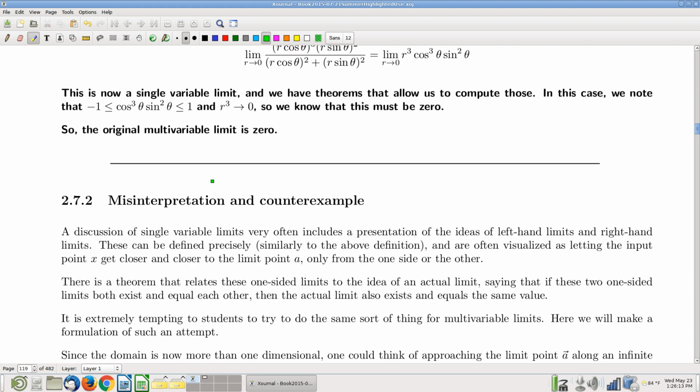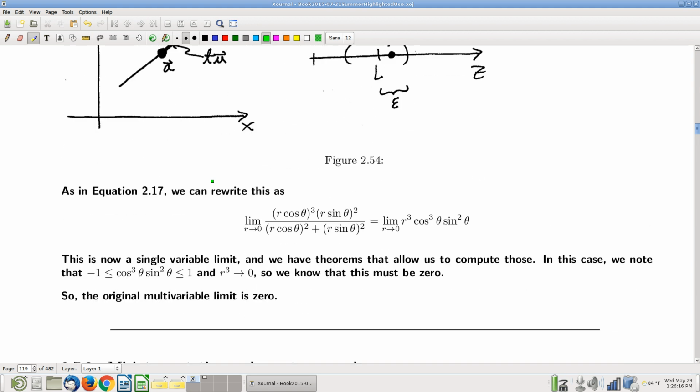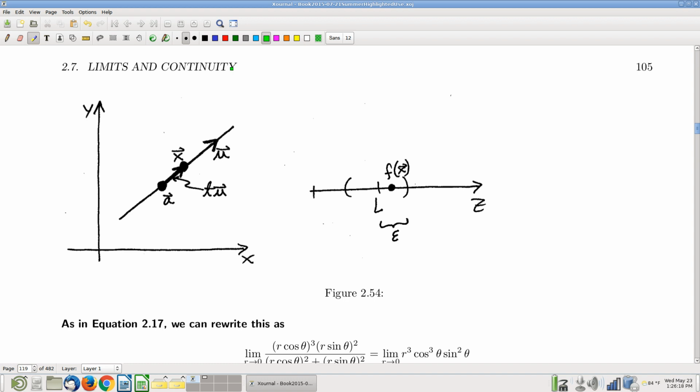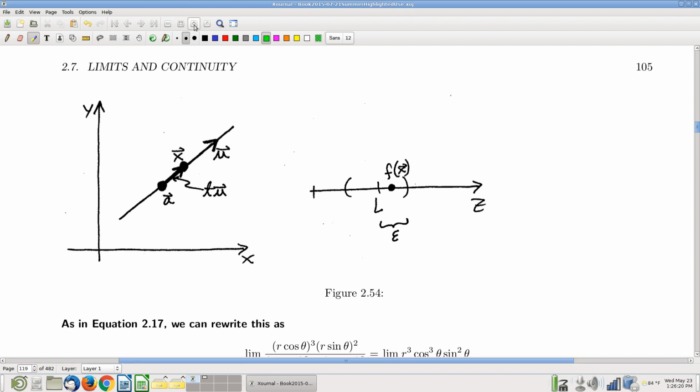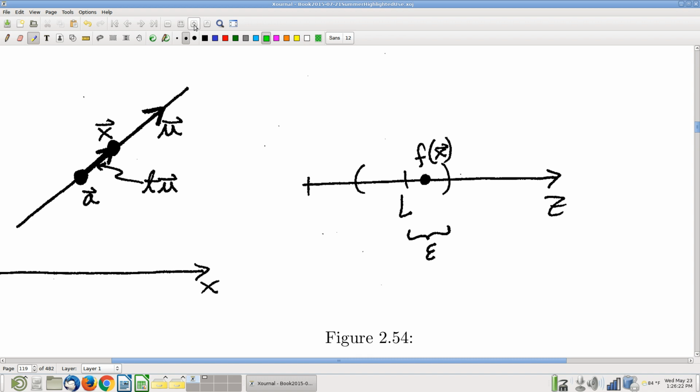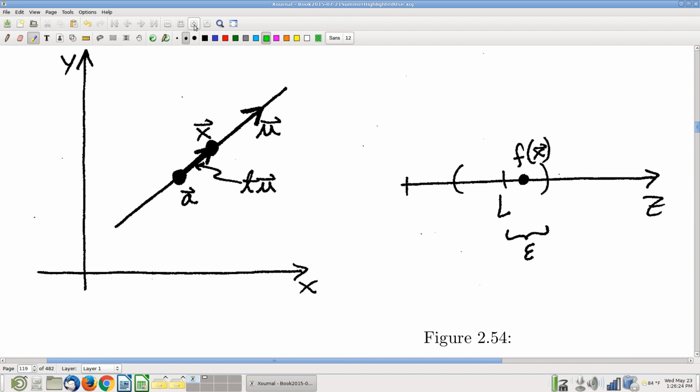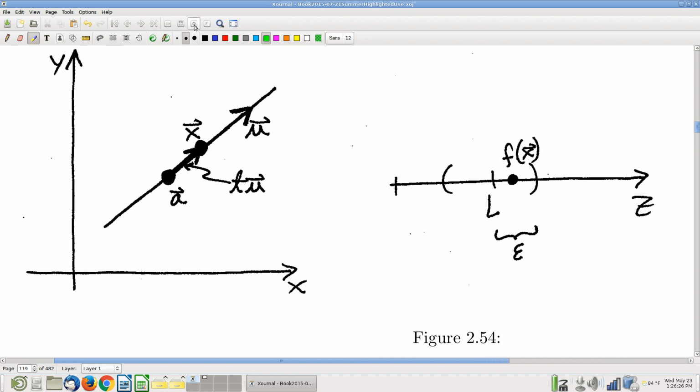Okay. All right. Let me show you an alternative point of view to take on limits. Correction. Let me show you a tempting point of view on limits. Forget about this whole epsilon and delta stuff. Wouldn't it be convenient to just parameterize that point x approaching a?